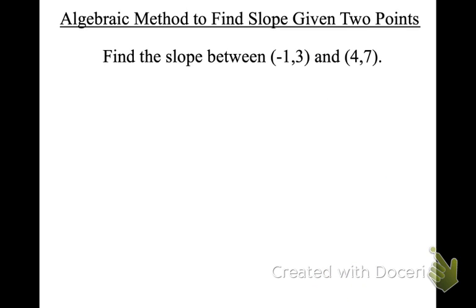All right, so the first thing we do is we name the points. I'm calling it point 1 and point 2. That means I'm going to do x1, y1, x2, y2. So we always write the formula, m equals y2 minus y1 over x2 minus x1.